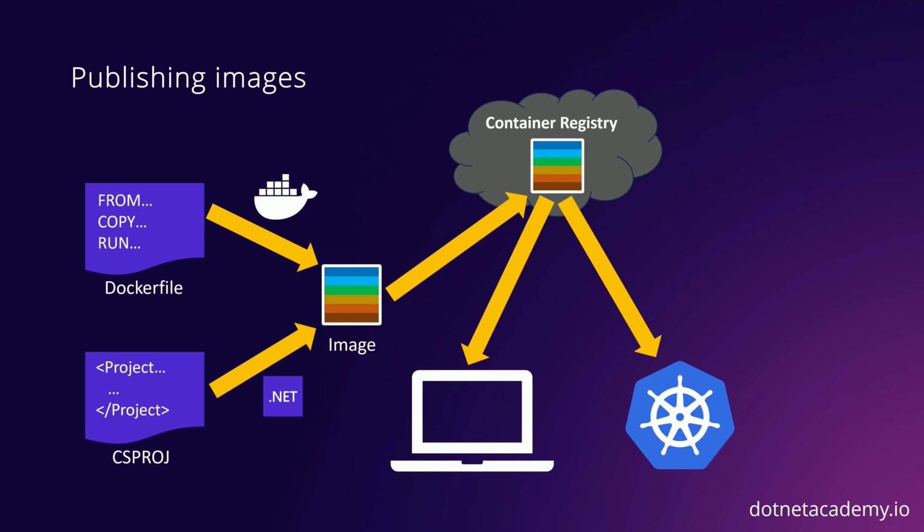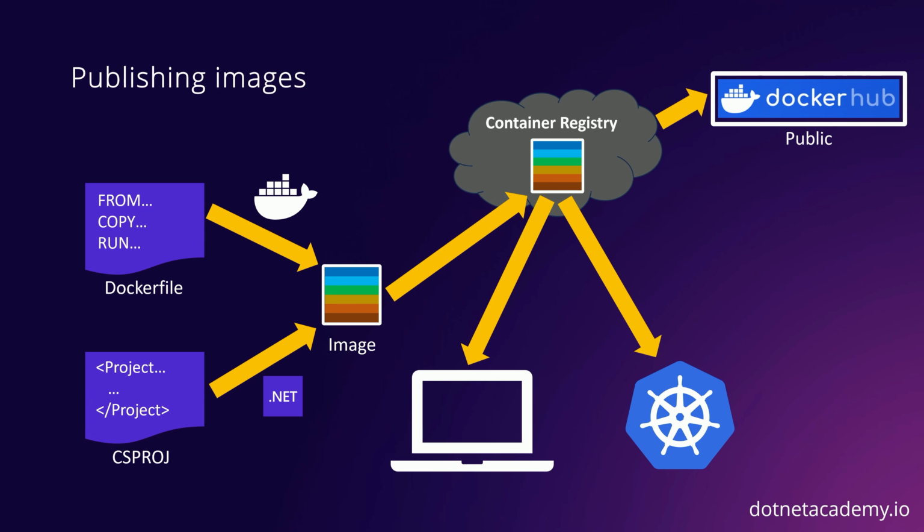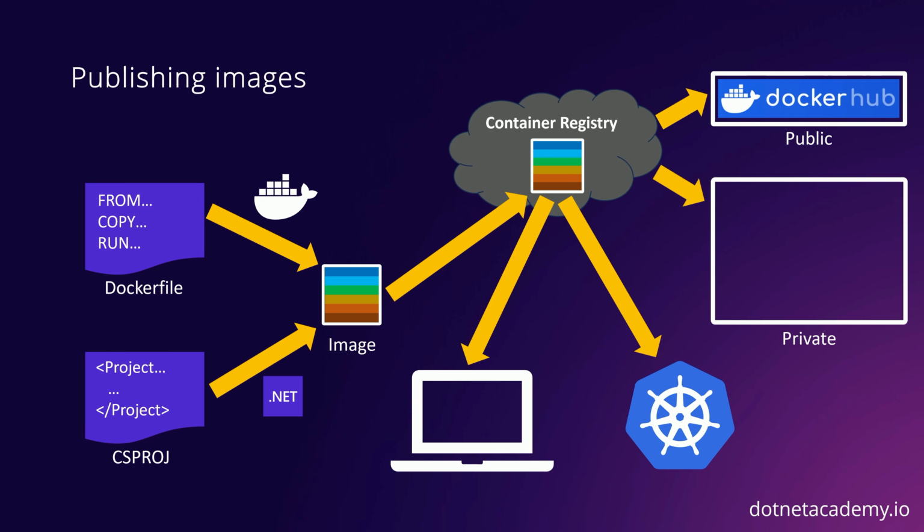There are two types of container registries, depending on the typical type of access you intend to provide to your images. Public registries allow you to make your images available to anyone, no credentials required. And the most popular one is Docker Hub, where today you can find thousands of images for every infrastructure service you can think of. On the other hand, there are private registries, where you have full control on who can access your images.